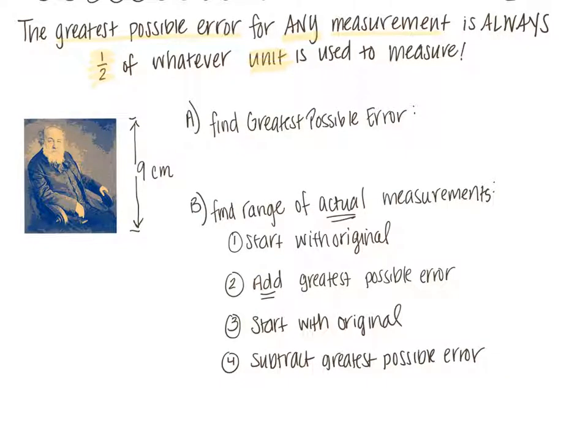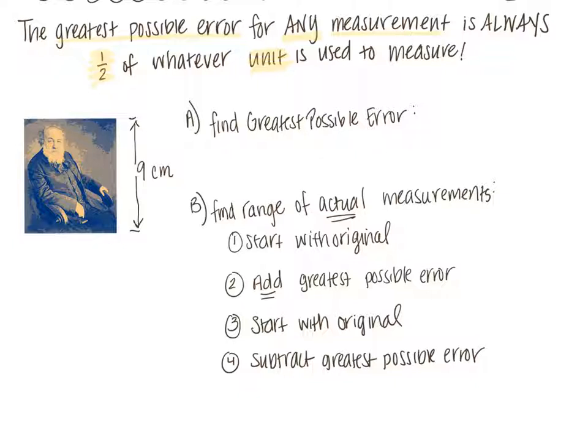All right, let's look at another scenario just to review this idea. Let's suggest that maybe you were measuring a picture that was in the yearbook, and you record that this picture is 9 centimeters high. But your picture is 9 centimeters tall, and I ask you to find the greatest possible error with this measurement.